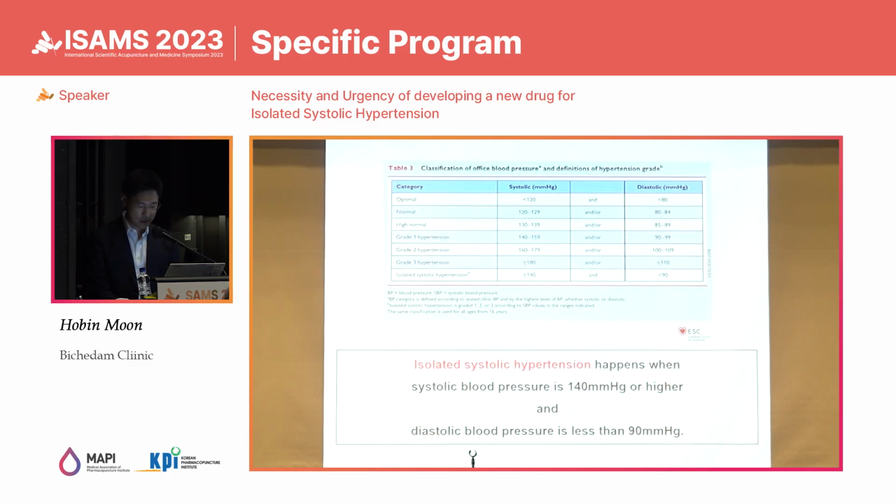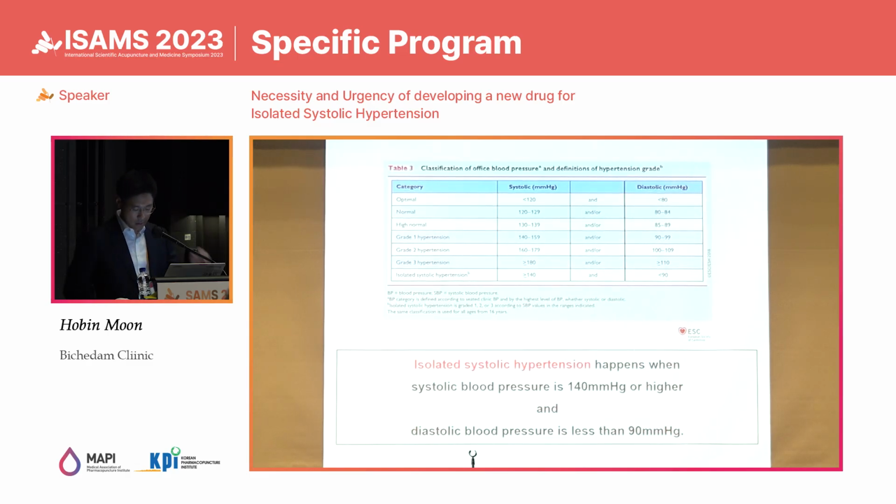However, isolated systolic hypertension is one of the categories of hypertension, as you can see in the table, which is high systolic blood pressure but low diastolic blood pressure.